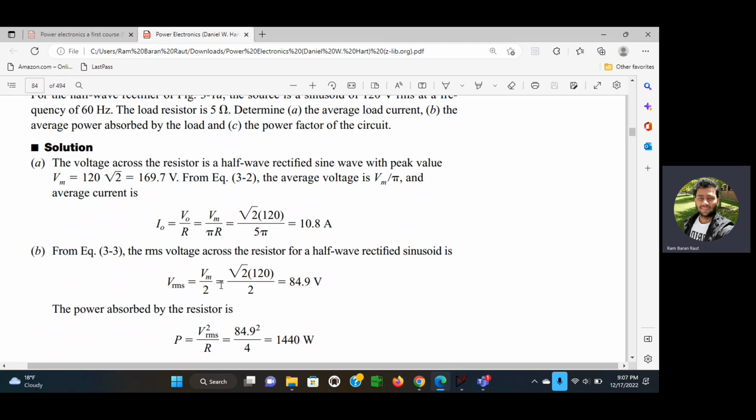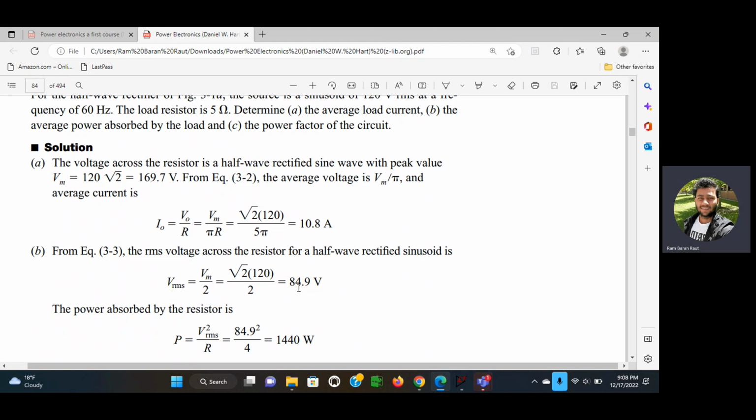The VRMS, the RMS voltage across the resistor for a half wave rectified sinusoid, is just Vm divided by 2. So Vm is nothing but 120 times the square root of 2. Since it is a half wave rectifier, we are just dividing by 2.